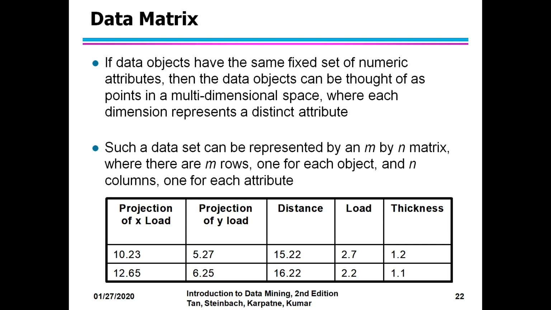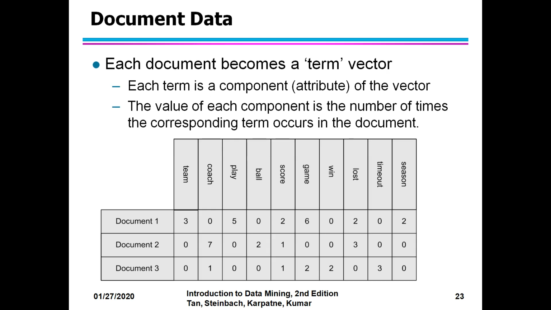Here the attributes are projection of x load, projection of y load, distance, load, and thickness. The values 10.23 and 12.65 are the projection of x load, and 5.27 and 6.2 are the projection of y load. All these five attribute values can be represented in the form of a matrix of size m cross n.